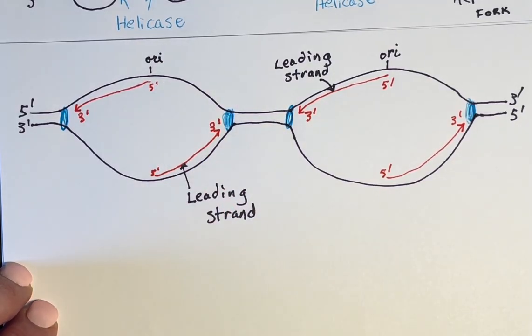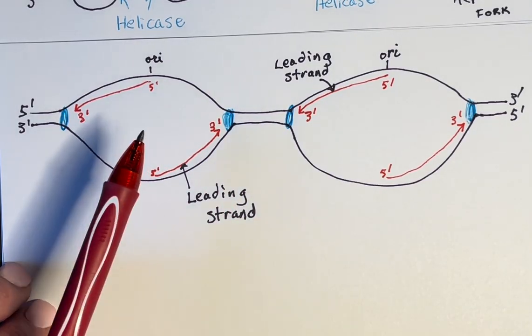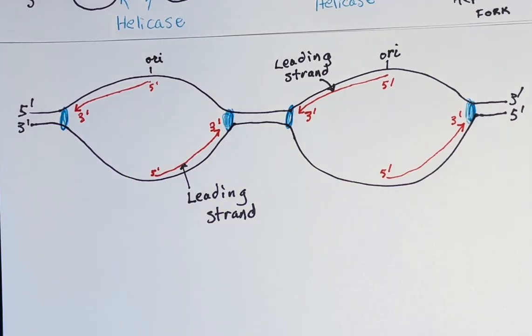This at the 3', the new strand. And I will show you, I'll put a link to a video so you can actually see what this looks like in almost real time. But what we end up getting then is what's known as a lagging strand.